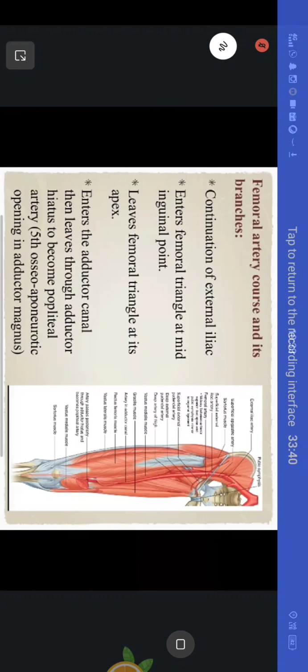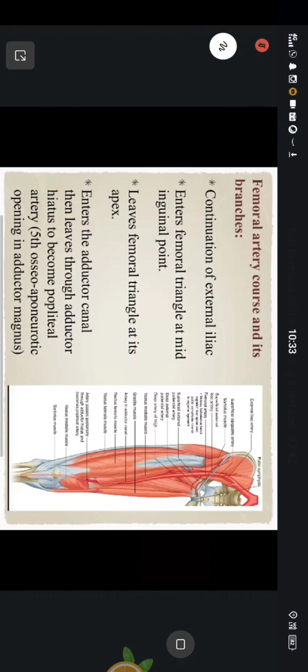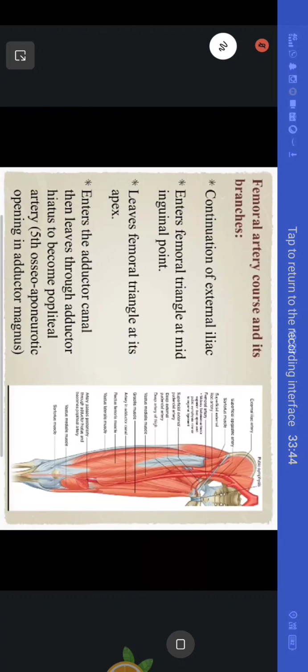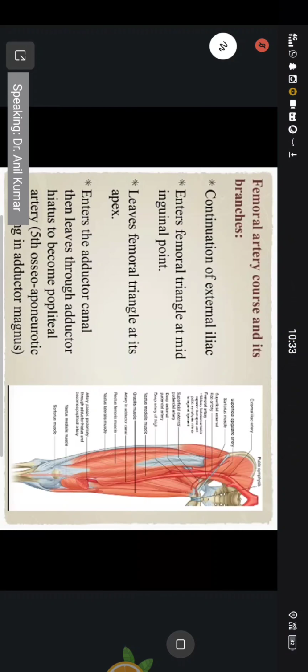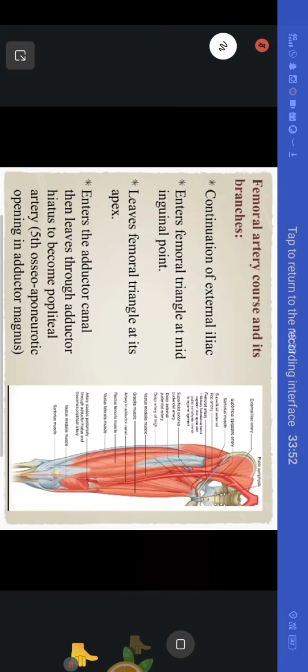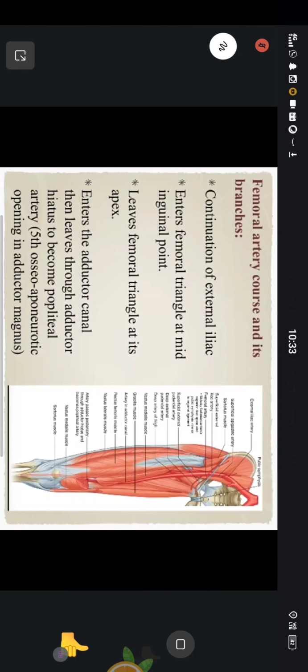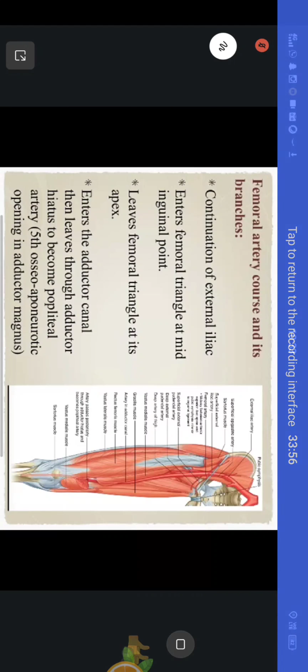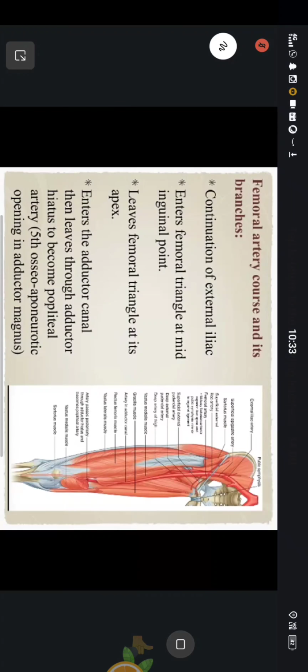From there, it is called the popliteal artery. Am I clear regarding the entire course of the femoral artery? Okay, people are showing thumbs up, saying that it's okay.